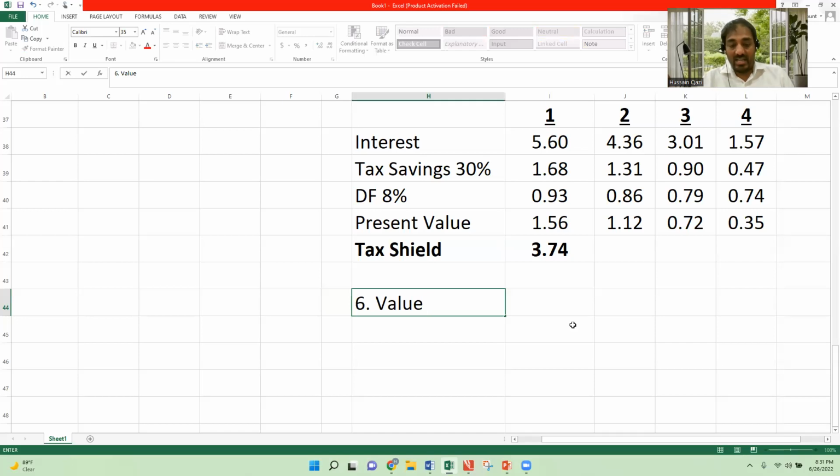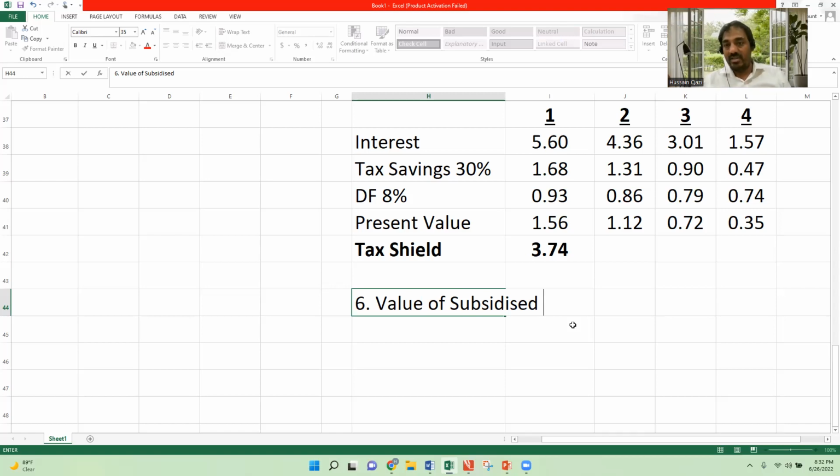The value of subsidized loan concept is totally different from tax shield. A subsidized loan has two effects. Number one, tax shield. Whenever you pay interest, either with a subsidized loan or normal loan, you will get the advantage of tax shield.